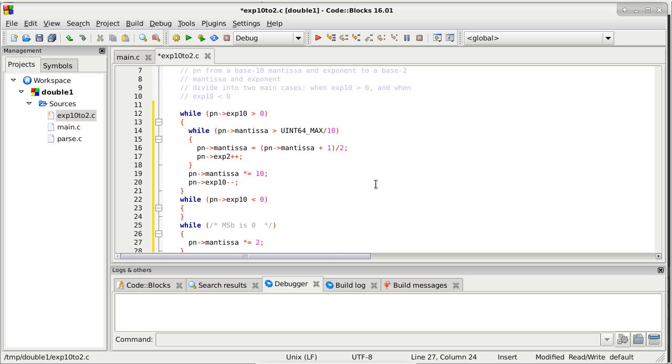No? Okay, what does 2 look like in binary? 1, 0, very good. Okay, so it's 1, 0. What happens when you multiply a binary number, which is a bunch of zeros and ones, by 1, 0?